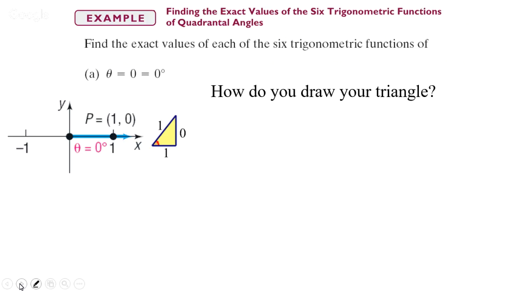My x value is 1, so that is my horizontal. And my y value is 0. I still use the Pythagorean theorem to find my hypotenuse, and it's just going to be 1. So there's my pretend triangle. Once you have your triangle, you can find all 6 trig functions. So let's find them.